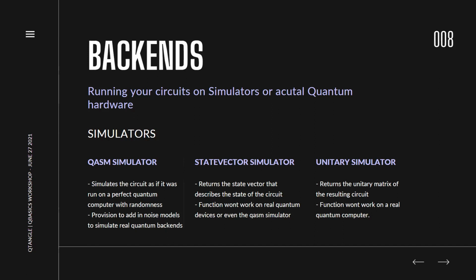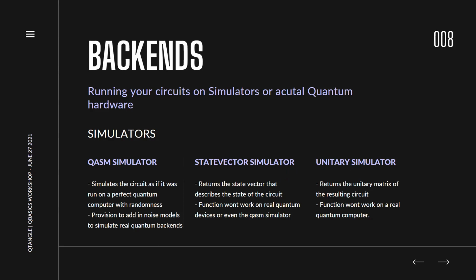Remember, when you want to look at a state vector, you're traversing through the gate operations and getting the state of the whole circuit. That involves looking at the circuit, which is not allowed, because when you look at or measure the circuit, you destroy the state. So this does not run on a real quantum device. You cannot get a state vector out, you can only get a measurement out.